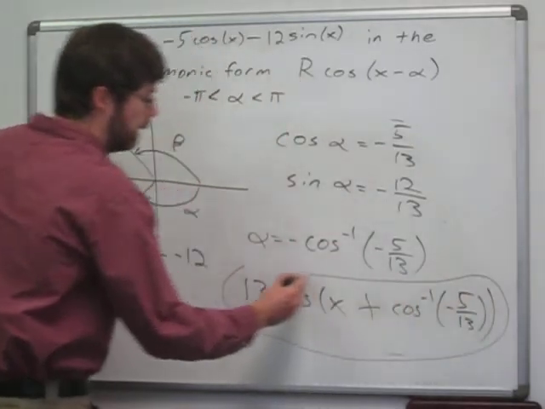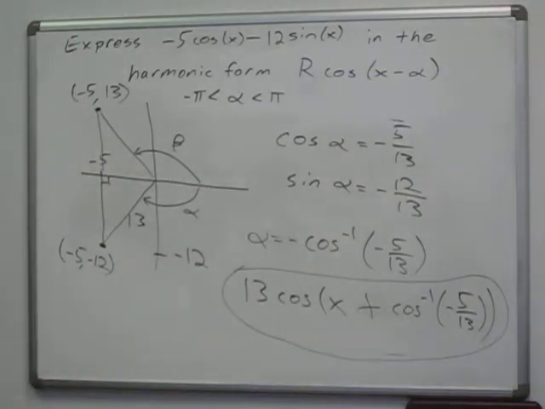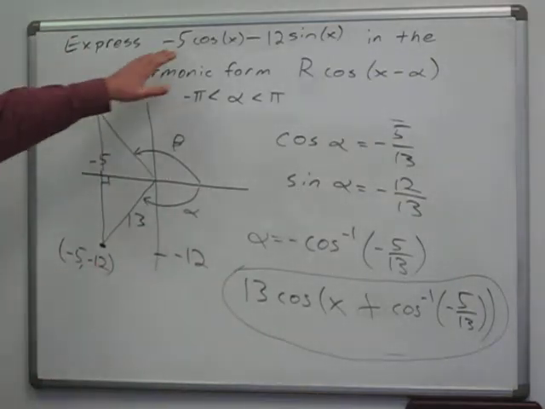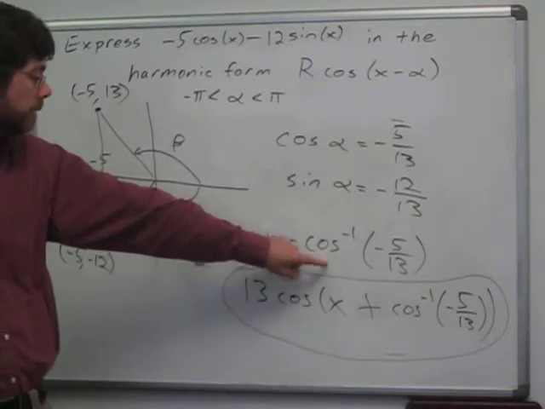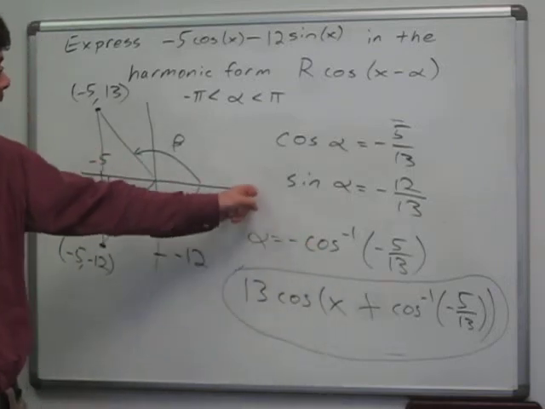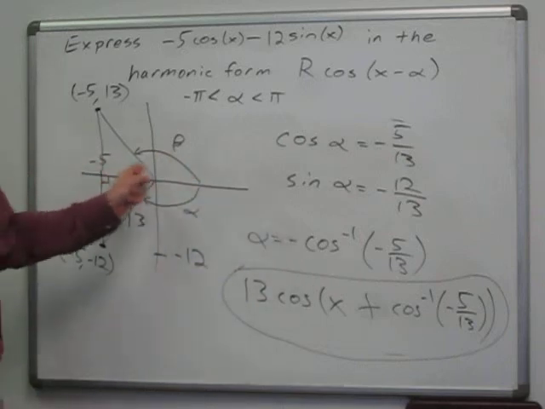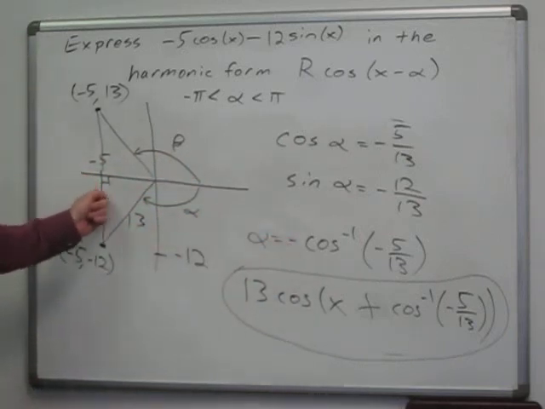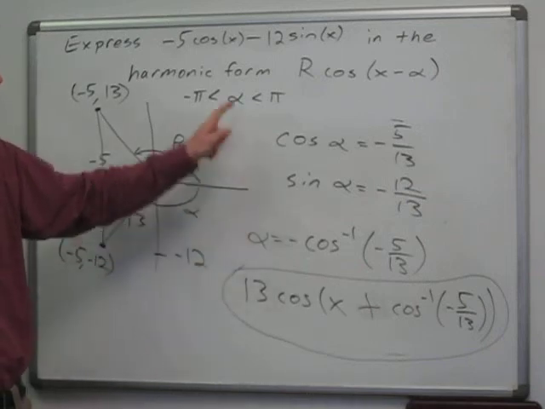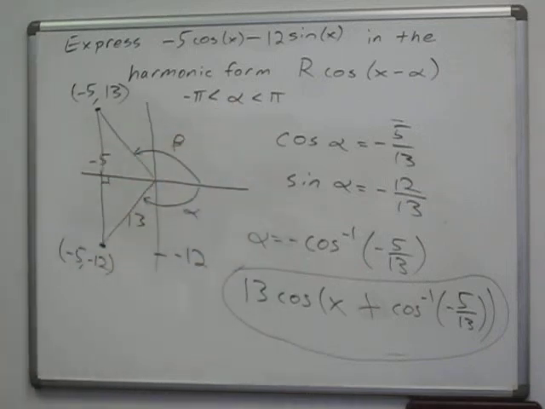So here's the harmonic form for this expression. And notice, since we used cosine inverse here, again, cosine inverse spits out an angle between 0 and pi. The negative is going to give us an angle between negative pi and 0, so this alpha indeed satisfies the restriction.